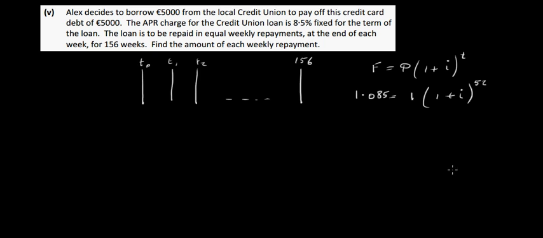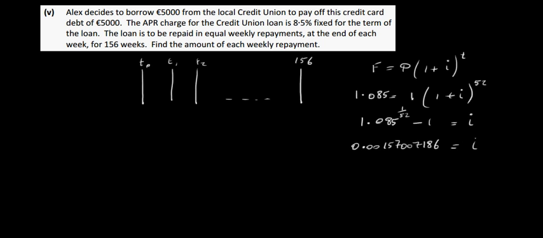So you've got to work out what this i would be. So again, we would need to get 1.085 and raise that to the power of 1 over 52. So we get the 52nd root of this number. We've got to subtract this 1, and that will give us i here. So when you do that, you will get an interest rate, or an i, of 0.00157007186.